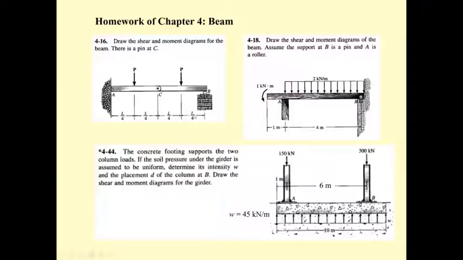You plug the P and the L into the equations of the shear force and the bending moment, and then you put the P of 10 kilonewton and the L into the computer program, so the calculation from the program can be compared with the hand calculation results.